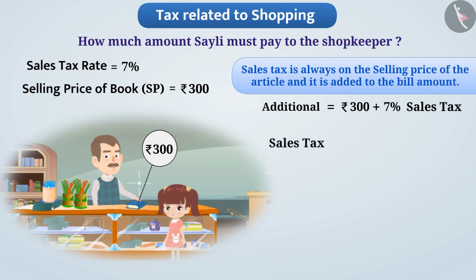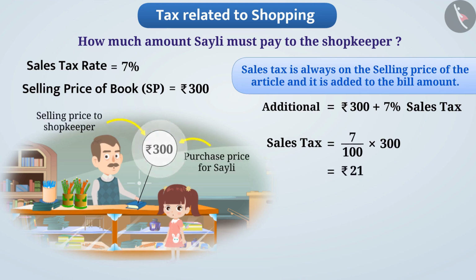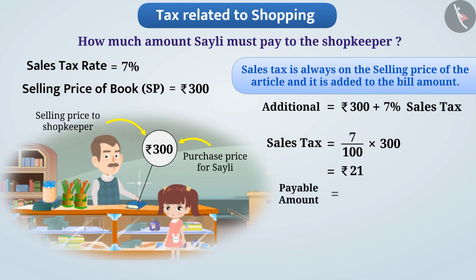That is, sales tax is equal to 7 divided by 100 multiplied by 300 is equal to 21 rupees. That is, buying a book of rupees 300 will incur a sales tax of rupees 21. That is, the payable amount will be cost price plus sales tax, which is equal to 300 rupees plus 21 rupees is equal to 321 rupees.